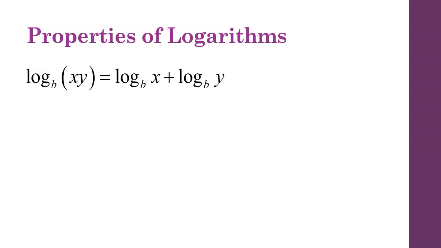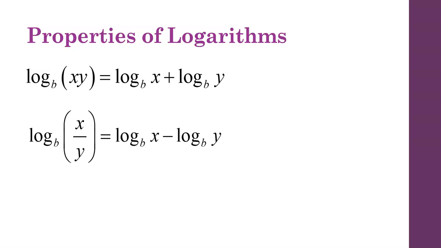And using the same logic, if I have a division of x over y, that is going to give me log of x base b minus log of y base b. And once again, it's consistent with the rules for exponents. If two expressions are divided and have the same base, the exponents are subtracted.